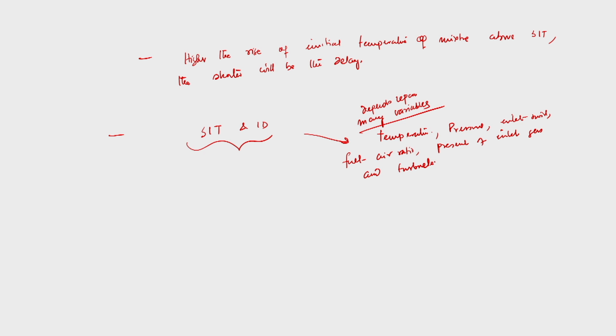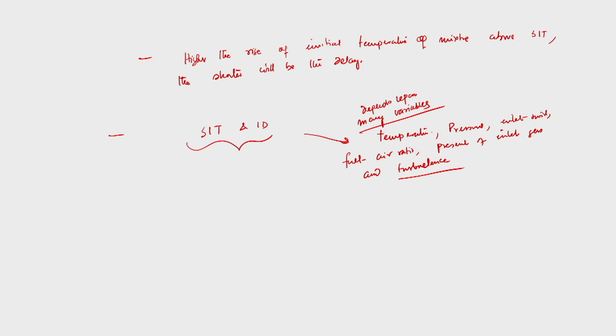It is very important. We will discuss what effect turbulence has in the context of combustion. So these are the different variables that essentially dictate the self ignition temperature and ignition delay of a particular fuel.